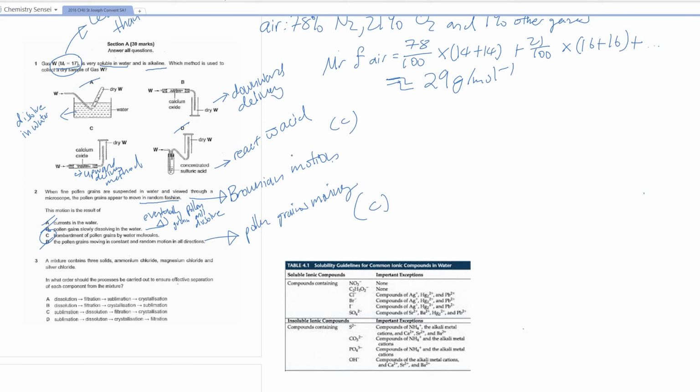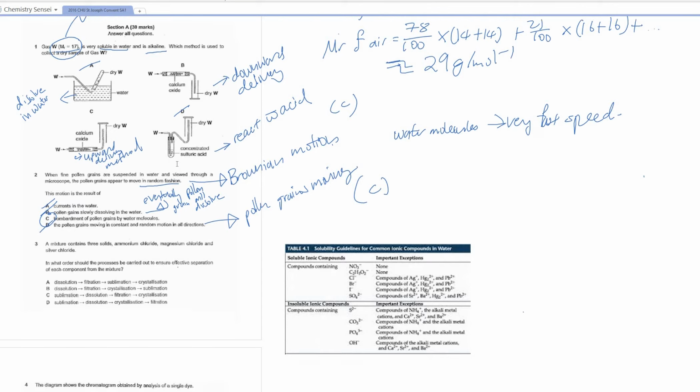This is because at the atomic level, the water molecules are moving at a very fast speed. And because pollen grains are very fine, they will feel the impact of such motion. Okay, let's move on to question 3.